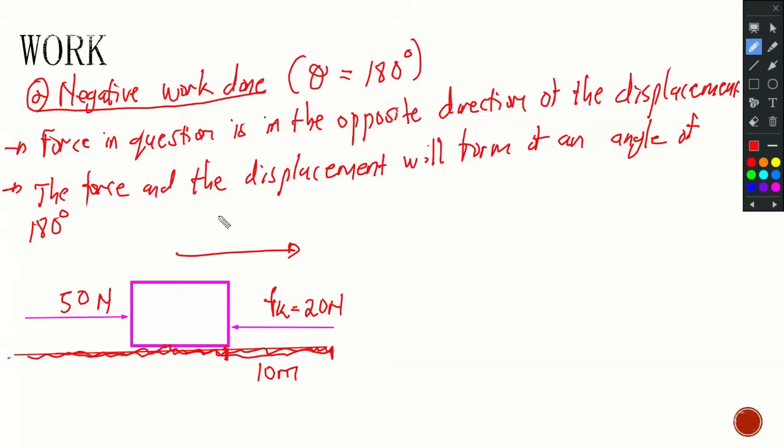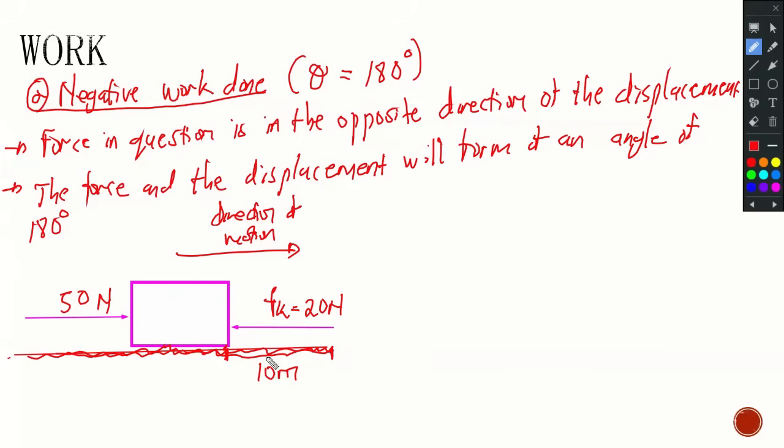So this is the direction of motion. It's going to the right. But as we know, kinetic frictional force opposes the motion of an object, right? So the object is moving to the right, and the frictional force is directed to the left.